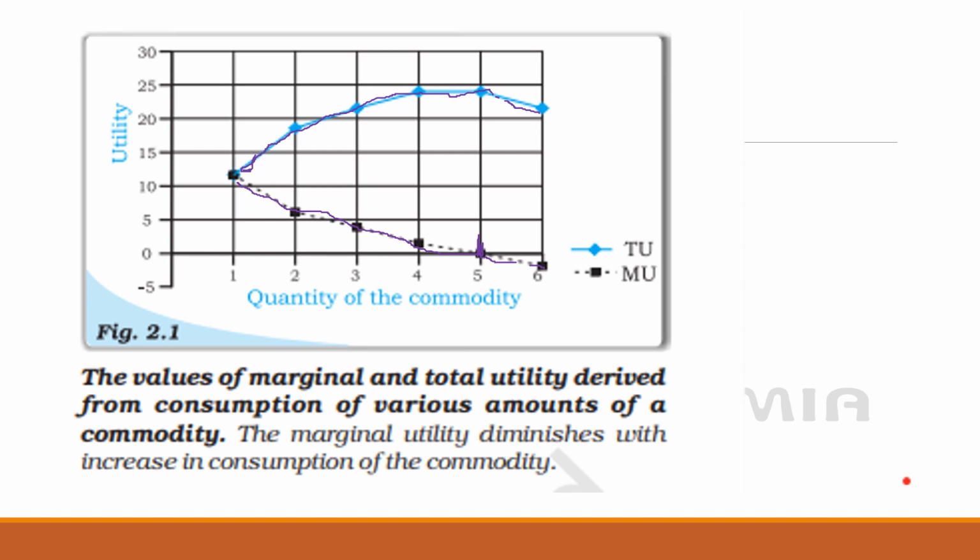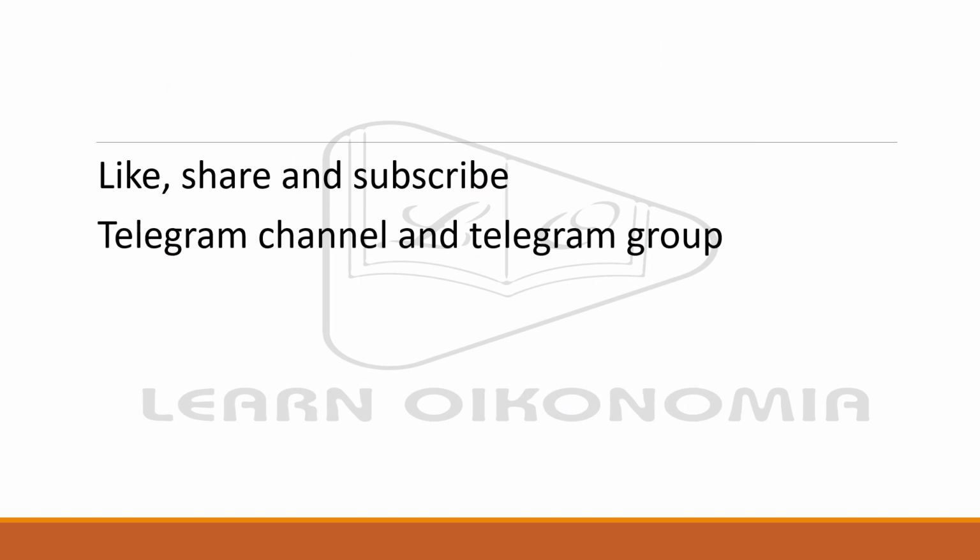And this is the relationship between TU and MU. The values of the marginal and total utility derived from the consumption of various amounts of the commodity, which you can see from this diagram, would tell you the same. The marginal utility would be diminishing with the increase in the consumption of the commodity, and this is what you can see here. So that's all for today.